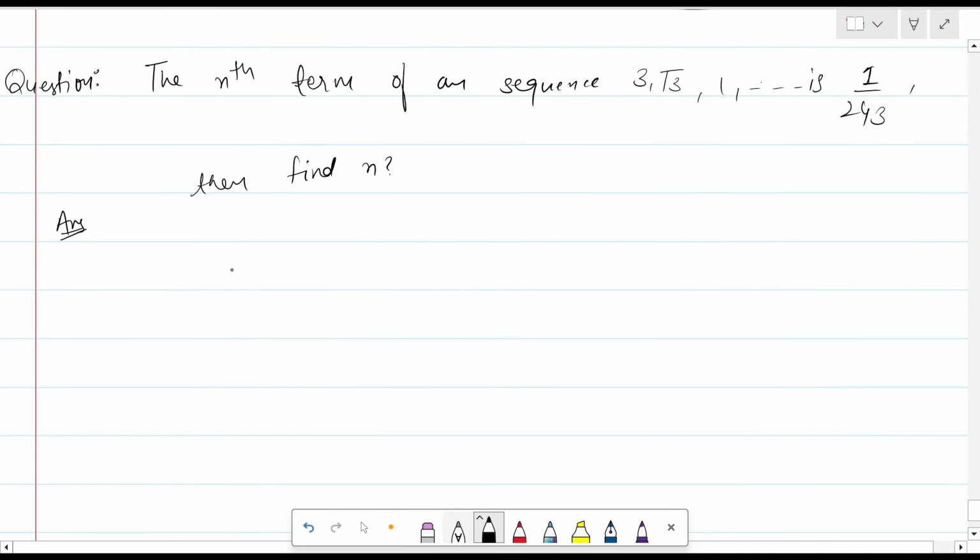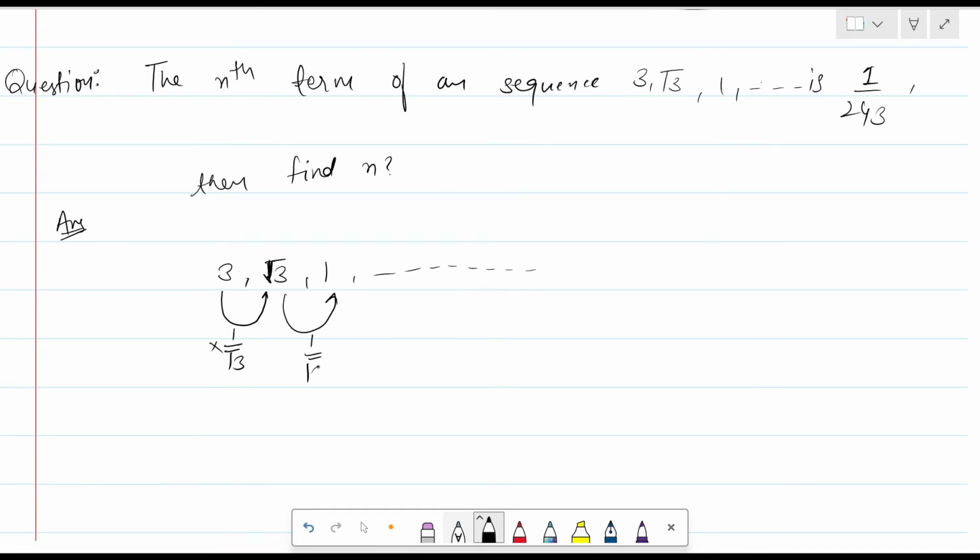So first of all, we have to check whether this is an AP or GP, because we know the formula of only progression. So if I'm checking here, then what it will be? 3 into 1 upon root 3, then it will be this.